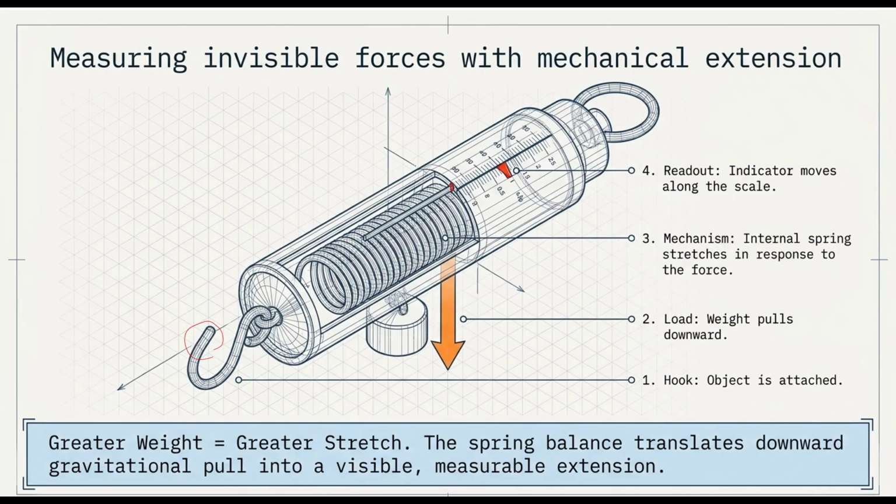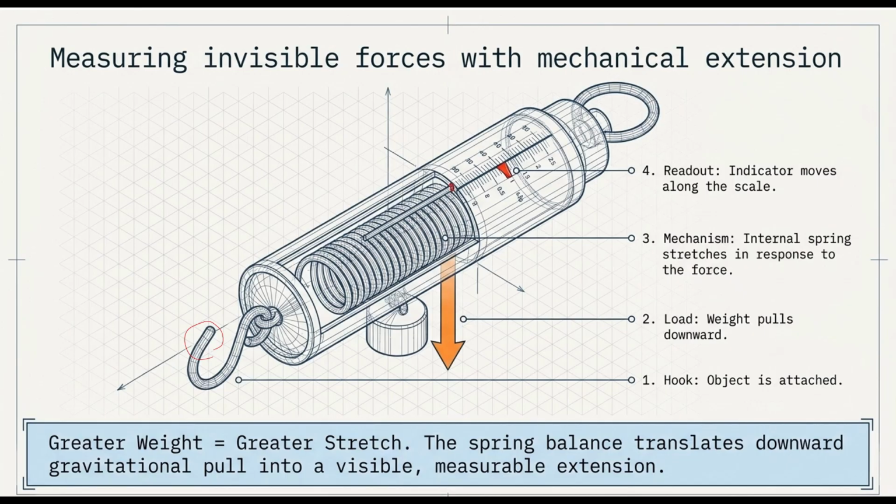The spring's extension moves an indicator along the calibrated scale. You can see the marked scale here, and we measure the distance of movement of the spring, providing a numerical measurement of force. The greater the force applied, the greater the extension of the spring.